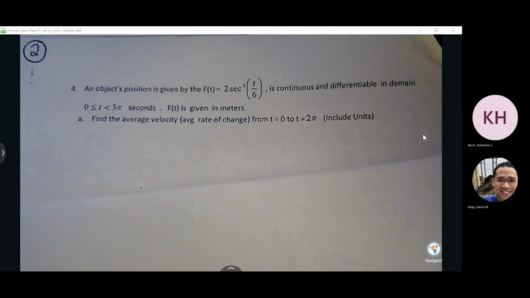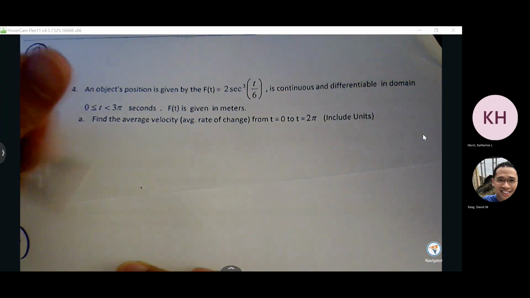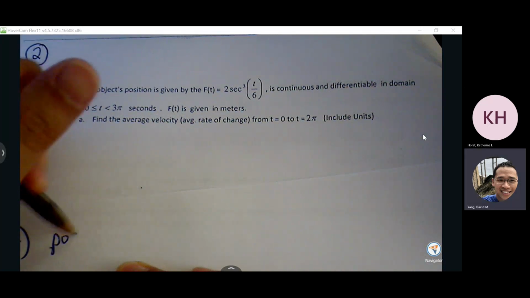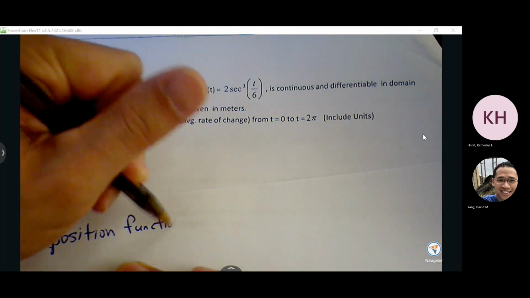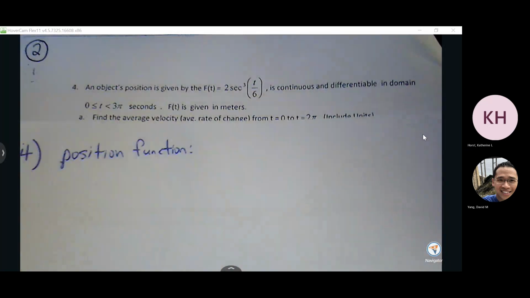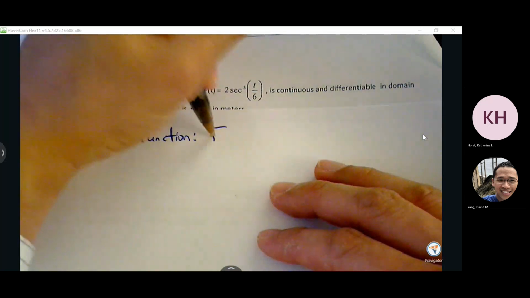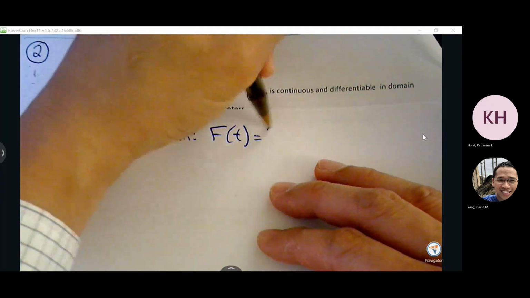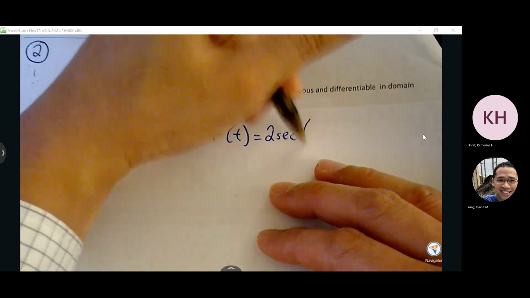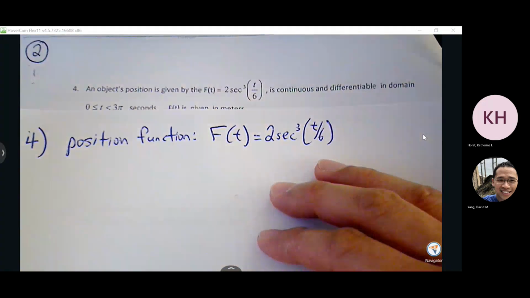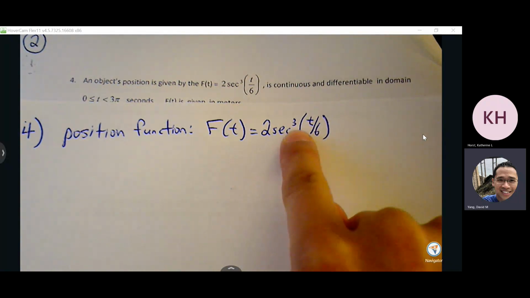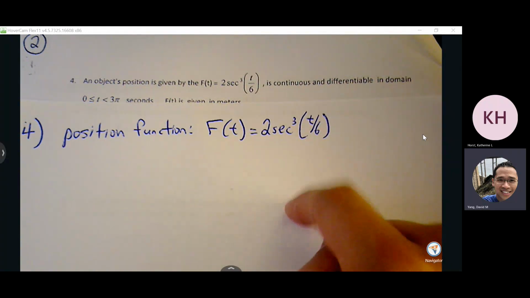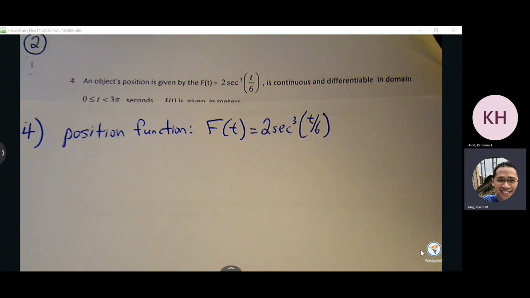So here's my position function. Anytime we want to work with a trig function that is written in this specific form, what can we do to make it easier for what we want to do with it?